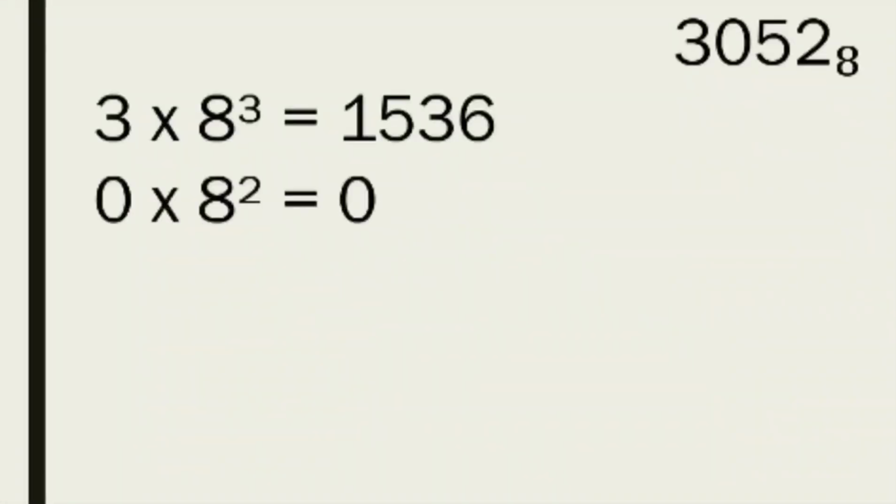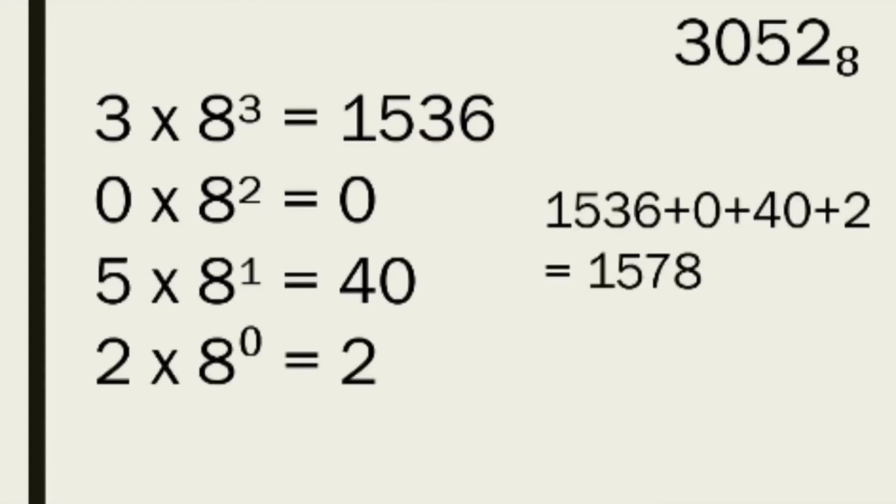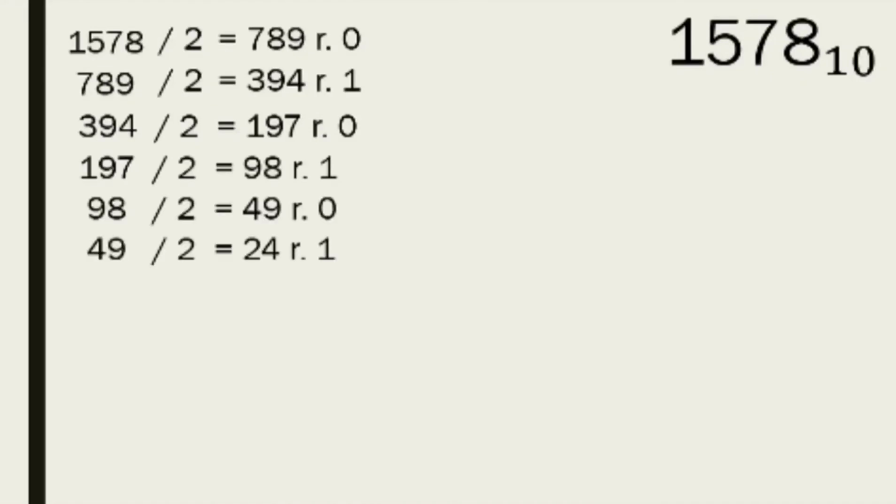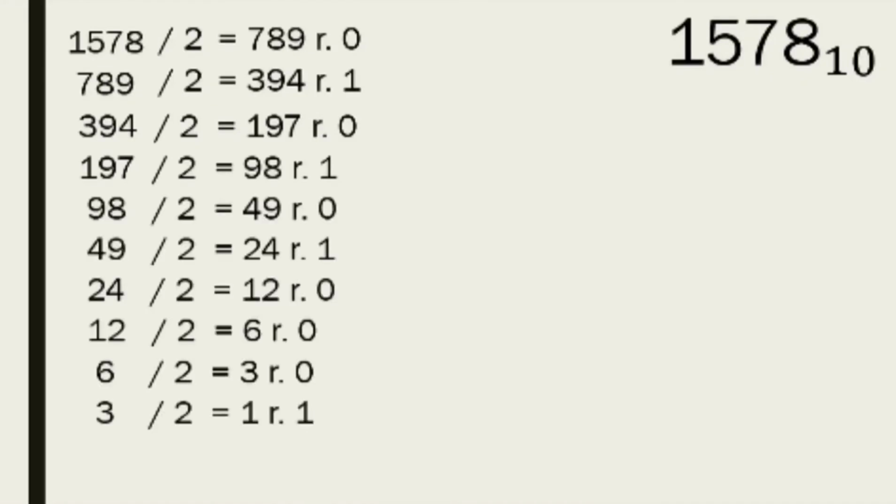Octal to binary. We need to convert first the given octal number system to decimal number system so that we can convert it to binary. From the 1578 base 10, divide it to 2 and get the quotient and the remainder.